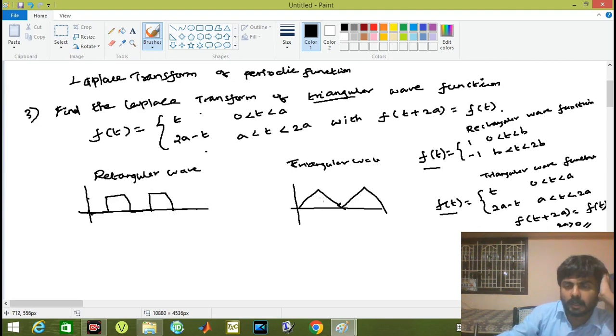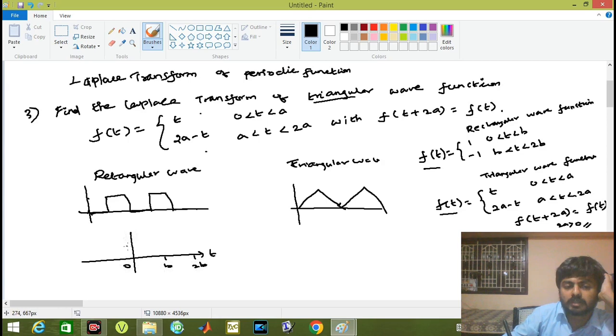So I shall tell you here, for the rectangular wave function they have given two values of f of t. Let us take this as t, and the t values are given by 0 to b and b to 2b. So we have to take 0, b and 2b.